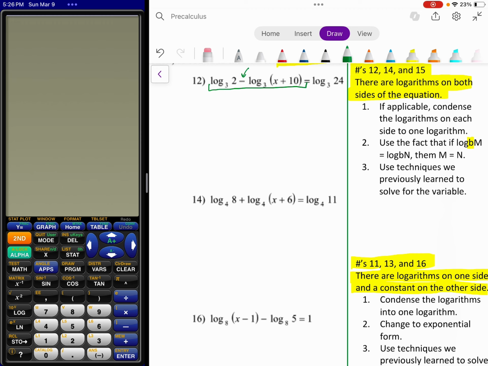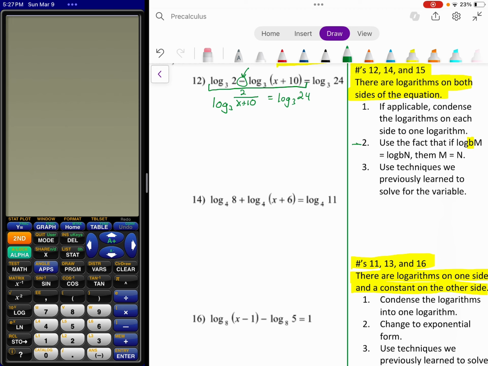We have a minus here, so our rules of logarithms, we would say log base 3 of 2 over x plus 10. So when it's subtraction, that changes to a single log, but divided into two arguments, equals log base 3 of 24.